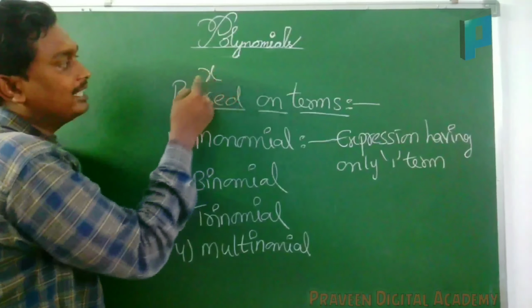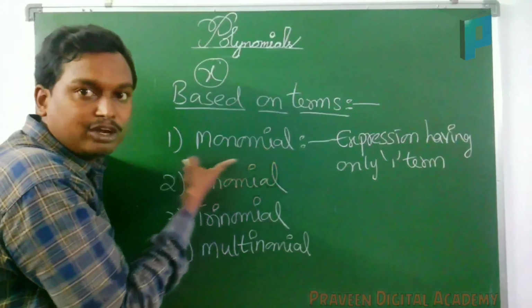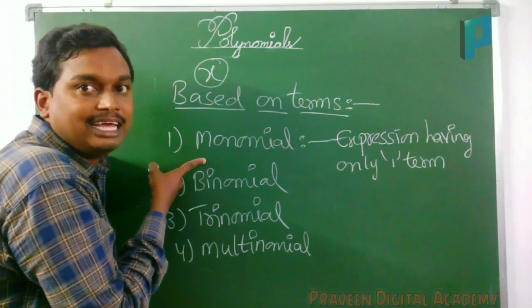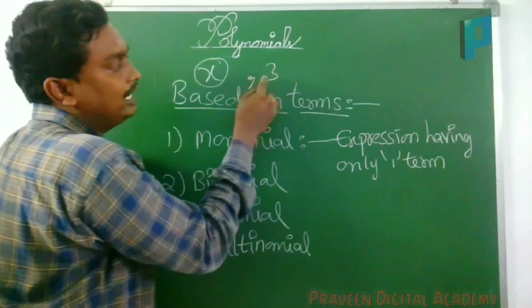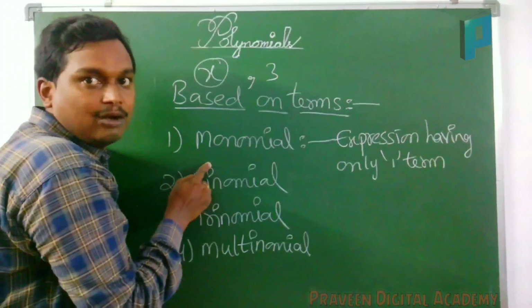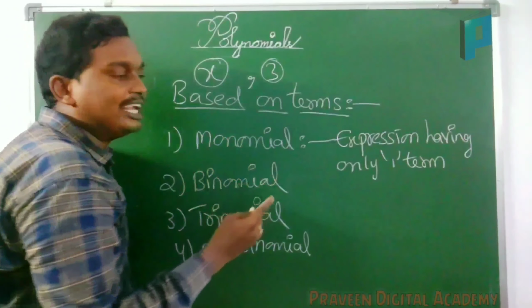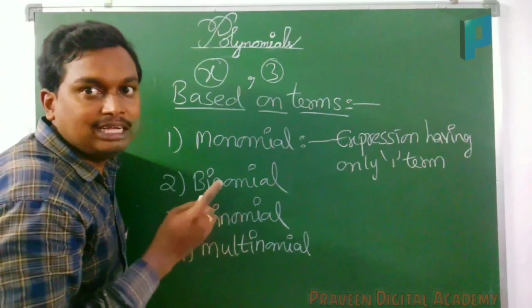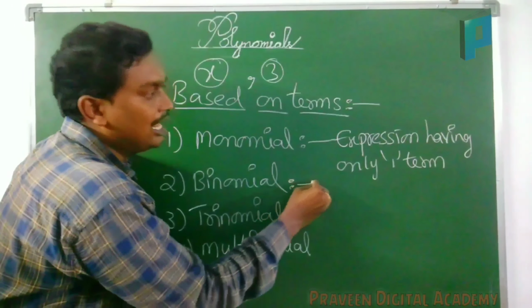If you have x as the expression, it has only one term, so that is called a monomial. Now, 3 is also a monomial. Why? Because 3 is only one term. Wherever we have one term, we call that expression a monomial.